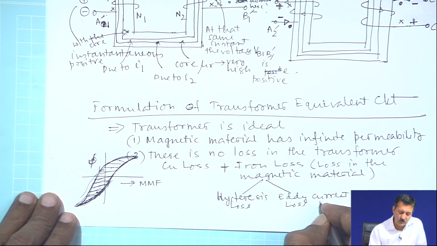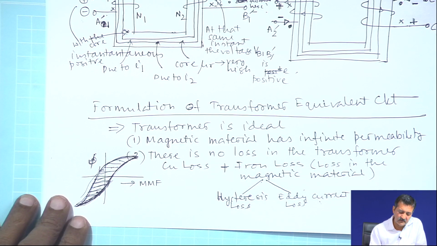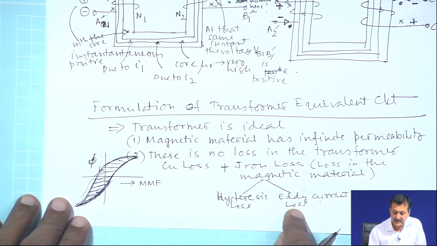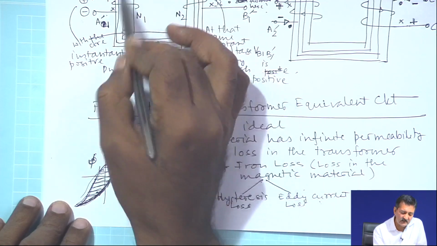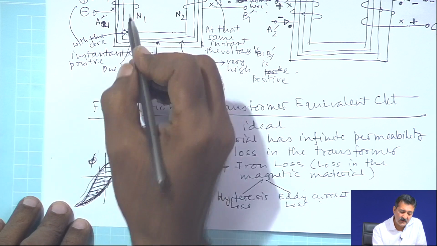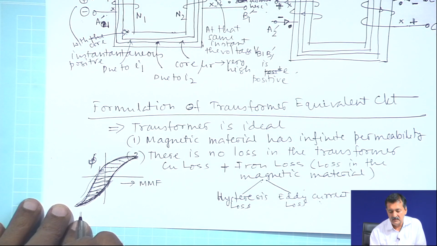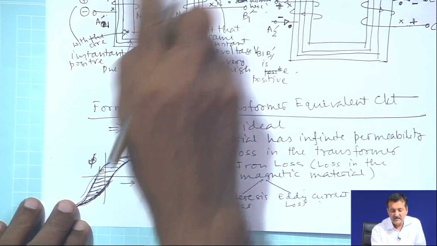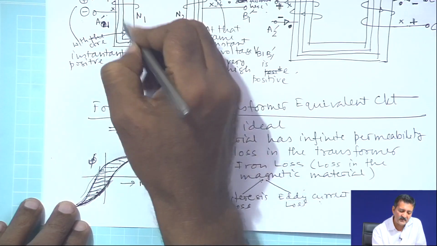And there is another loss which is also happening within the core, and that is happening due to exactly the same reason, Faraday's law: when there is a change in flux within the core, it is also inducing a voltage within the core. That means the core itself is behaving like a coil, and since the flux is alternating, changing here and there, that is producing a voltage.